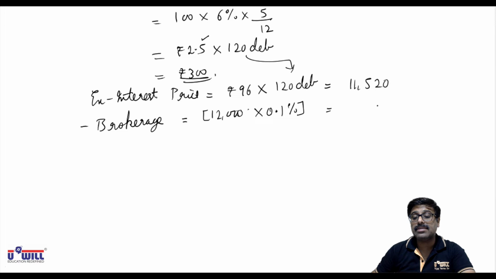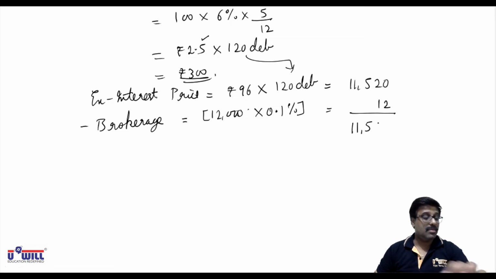That we will minus. 11520 minus 12 would be equal to 11508. We can say this is the selling price.